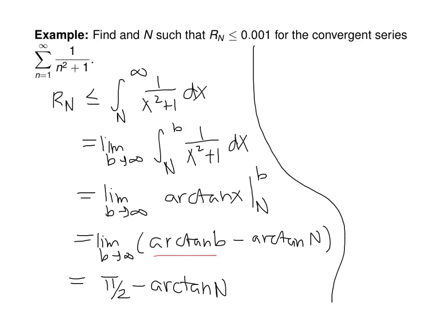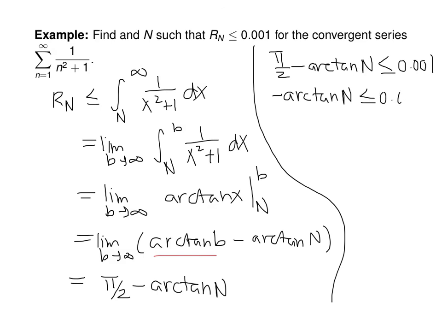And now what we're going to need is we need pi halves minus arctan of n to be less than or equal to 0.001. So first I'm going to take away pi halves, so negative arctan of n is less than or equal to 0.001 minus pi halves.